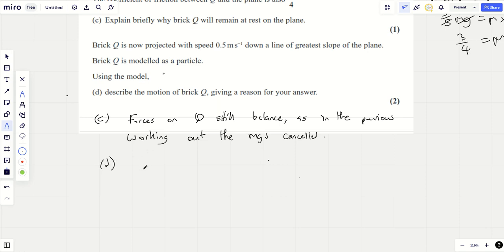That's that one. Part D, brick Q is modelled as a particle. Brick Q is now projected with speed 0.5 down the plane. Describe the motion of brick Q, giving a reason for your answer. Well, its initial velocity, and they're trying to tease out some misconceptions here, is 0.5 meters per second, but it will slow down.